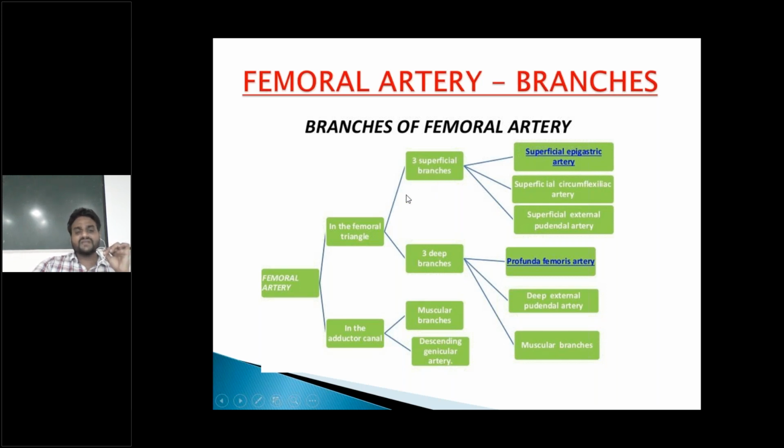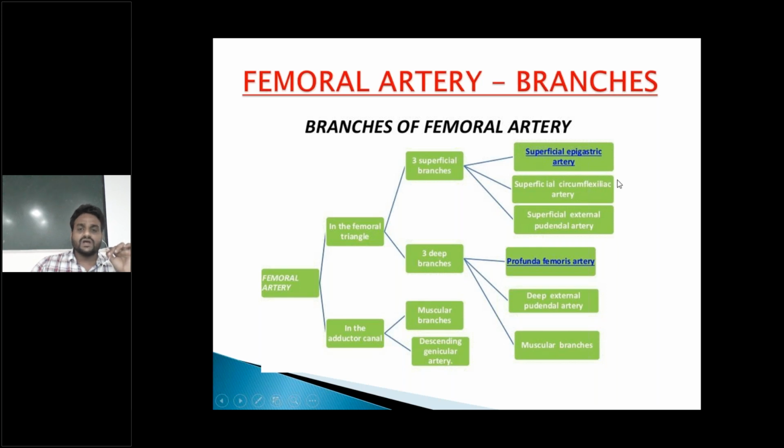Now, what are the superficial branches in the femoral triangle? These are three in number: superficial epigastric, superficial circumflex iliac, superficial external pudendal. These are the three superficial branches. And the three deep branches are profunda femoris, deep external pudendal, and muscular branches. So these are the branches of femoral artery within the femoral triangle.